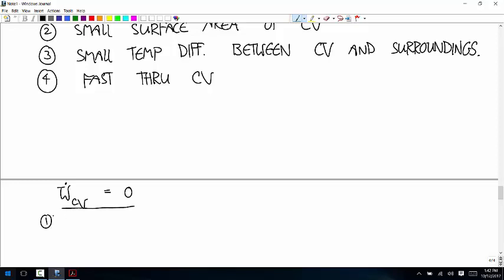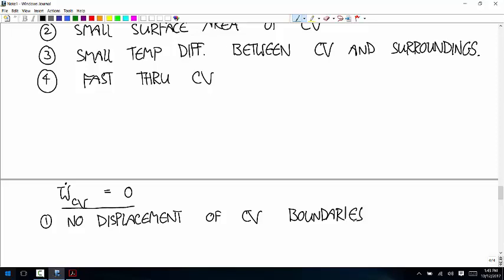Okay, well, first, if there's no displacement at any of the boundaries, like in a tank or any kind of rigid thing, no displacement of the control volume boundaries, then W dot is 0.